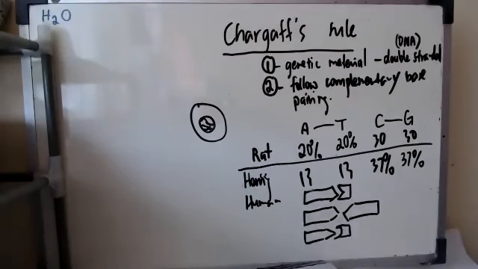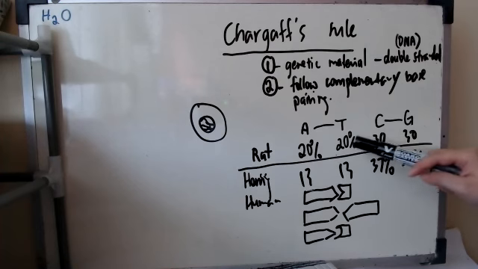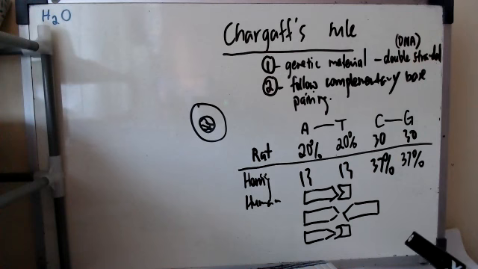And then there's a follow-up question. They will say that scientists went into the deep sea and discovered a new organism. This new organism doesn't follow this 1:1 ratio. Then they'll ask you, can you suggest a reason why this organism doesn't follow Chargaff's rule?